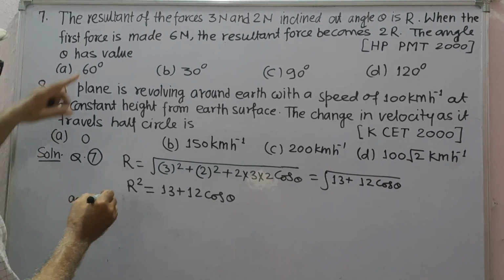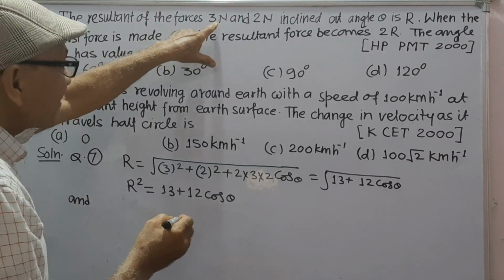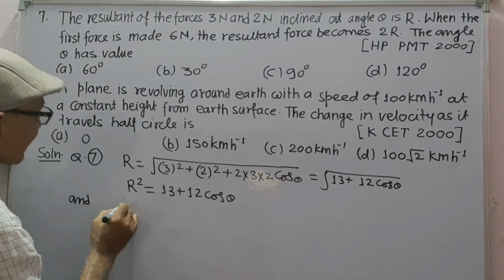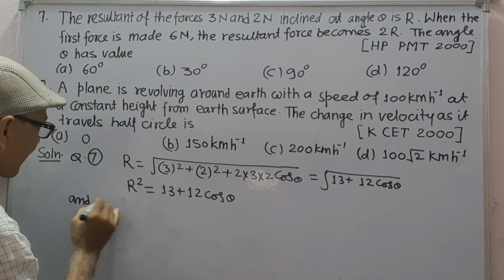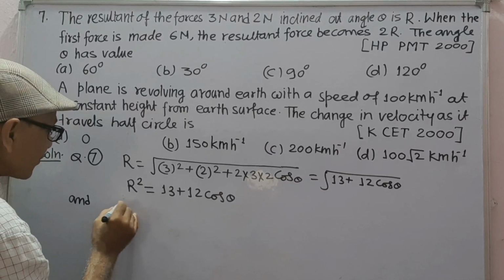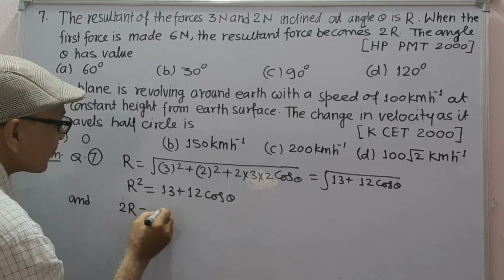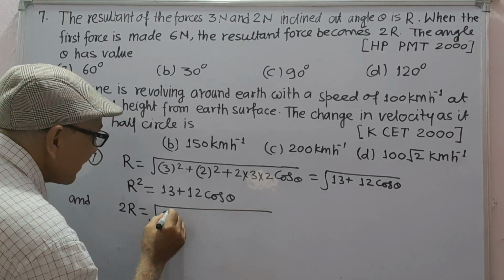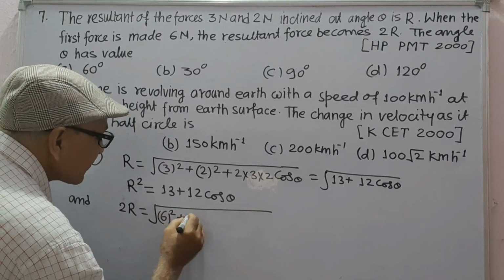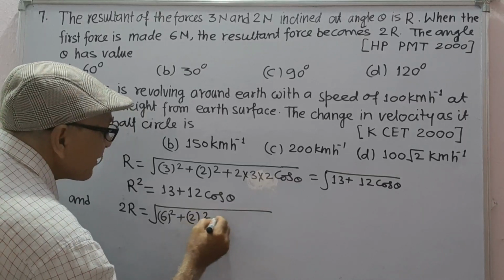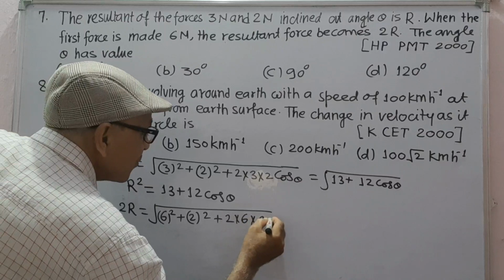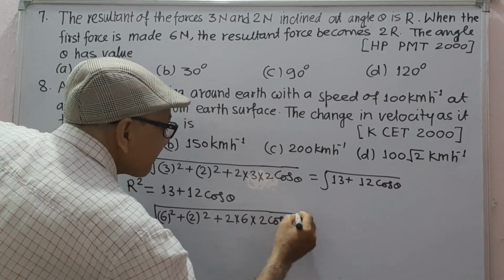and when first force is made 6 Newton, then resultant becomes 2R. 2R is equal to under root 6 square plus 2 square plus 2 into 6 into 2 cos theta.